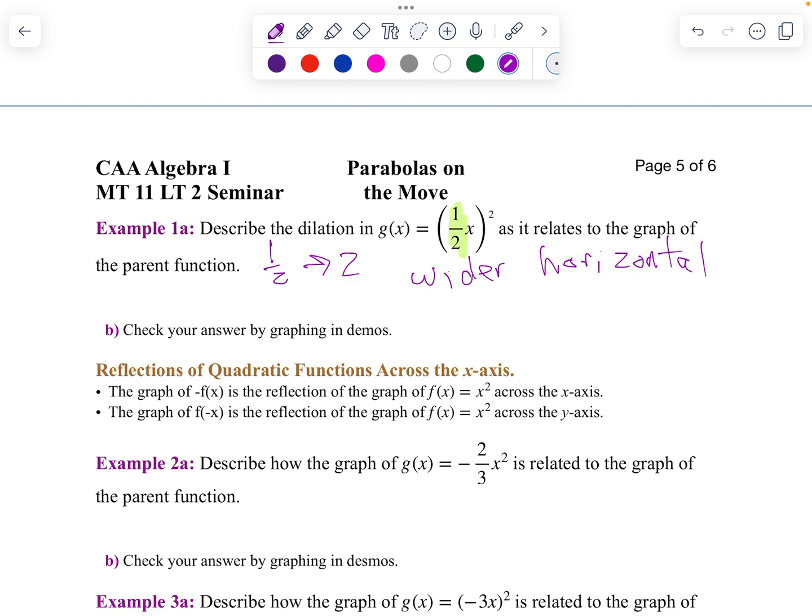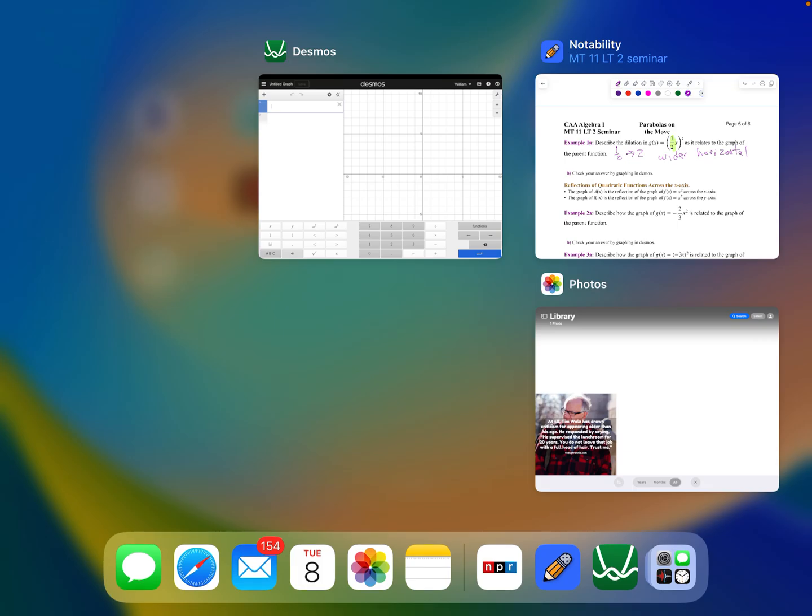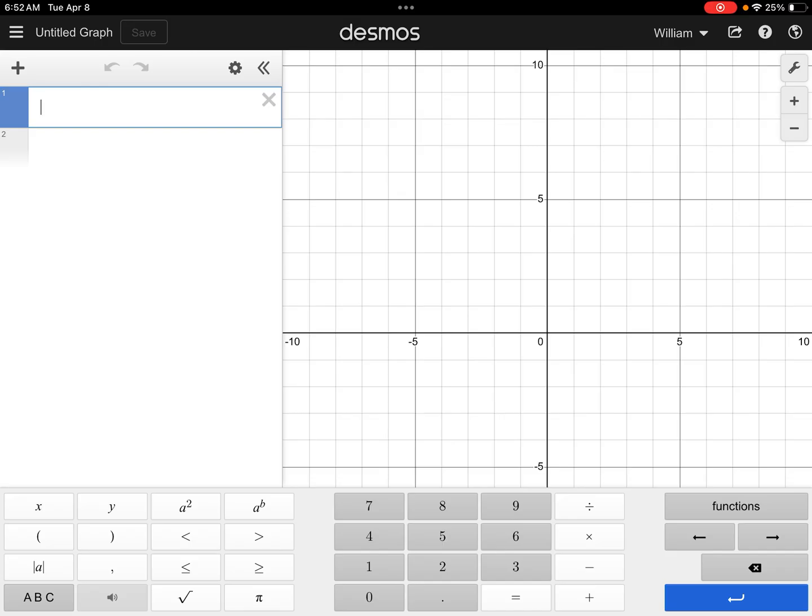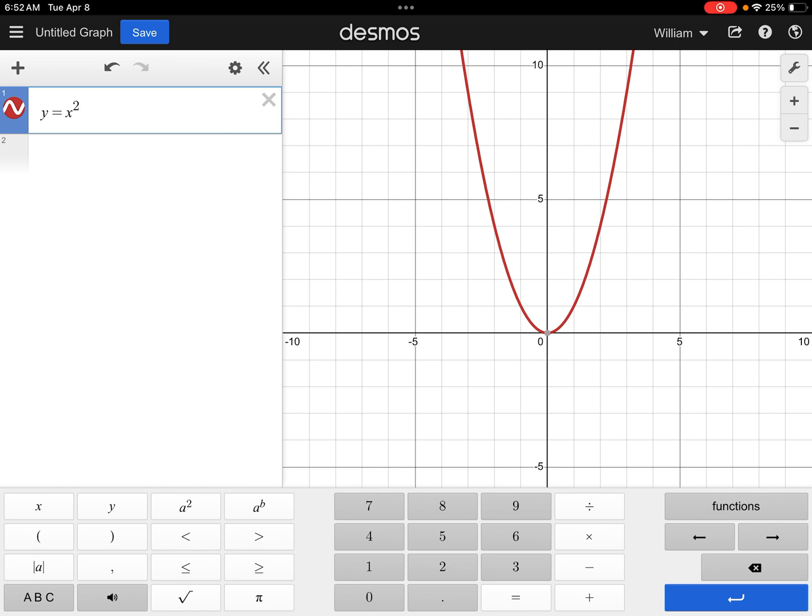Now, I can check that with decimals. Let's take a look at that. So let's do our basic function, y equals, by the way, you can write f of x, g of x, that doesn't matter. y equals x squared is my parent function.